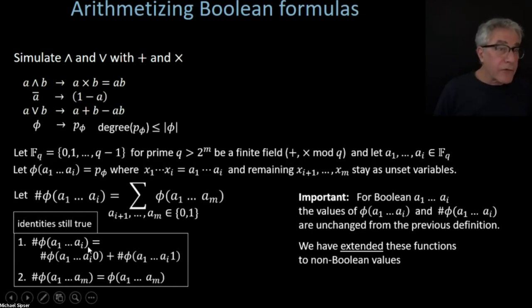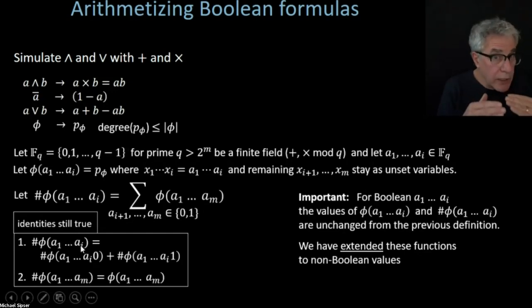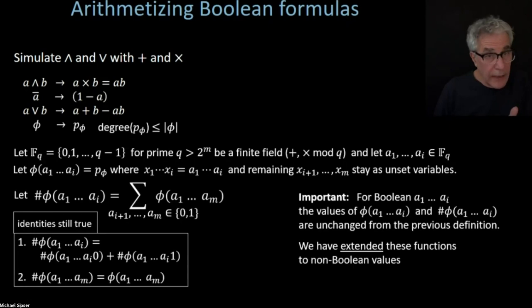So if I set the first i values now to possibly some non-Boolean assignment, that's what I get when I extend those values to one more variable being assigned, but I just need to assign that variable to 0 and to 1 and add those up because of the way I've defined things over here. So I've assigned the unset variables to zeros and ones when I'm defining the number phi function.